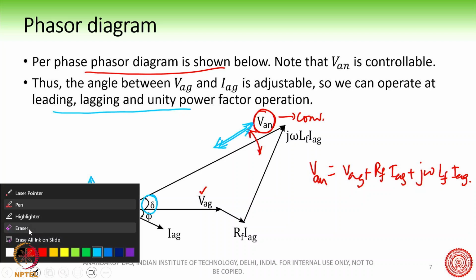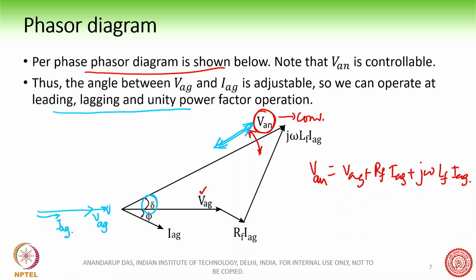First we will have RF IAG here, then the j omega LF IAG here, and then of course you draw VAN here. You can see that by adjusting VAN, the current that was lagging has become a unity power factor current with respect to the grid voltage. This is definitely possible because VAN is something which is in our control.